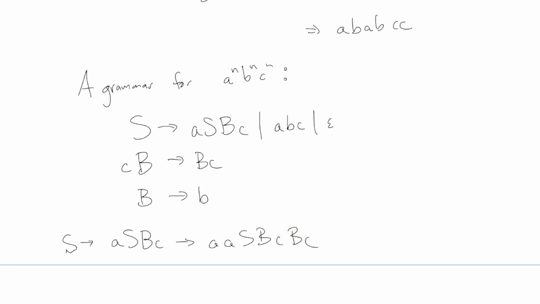These guys I swap using that weird middle rule there. So it now says A, A, S, big B, C, C, right? I swapped the B and the C. And then I can make the S epsilon and make the two B's into little b's, and everything is done. A, A, B, B, C, C.